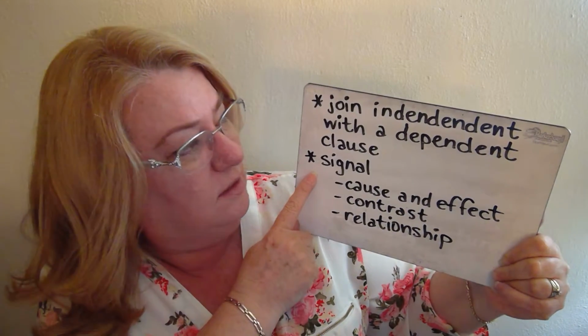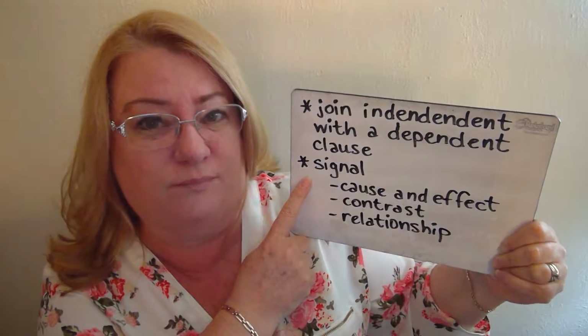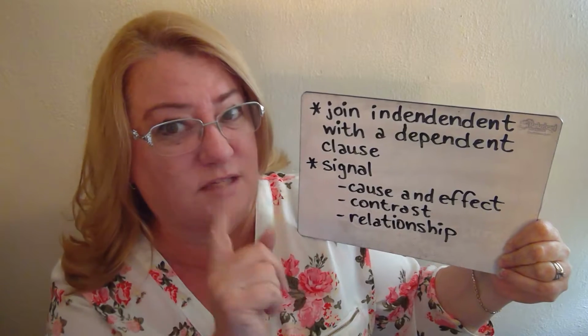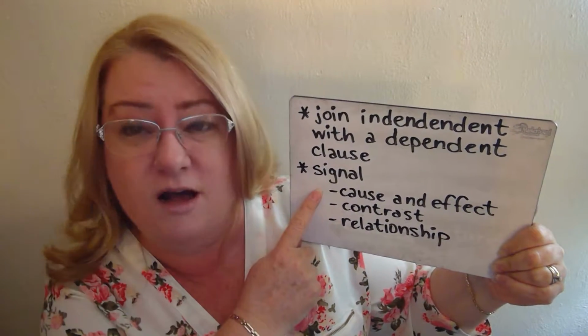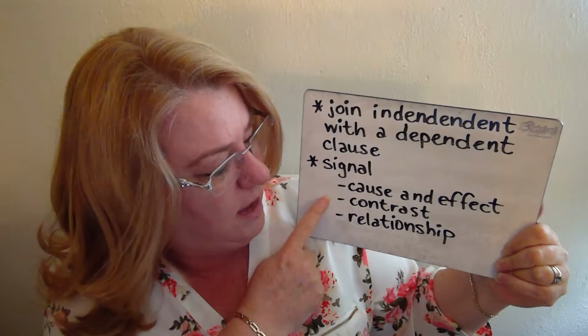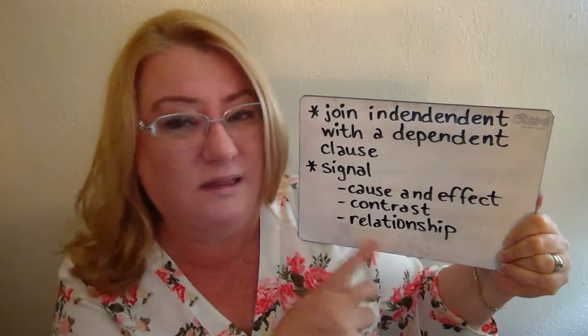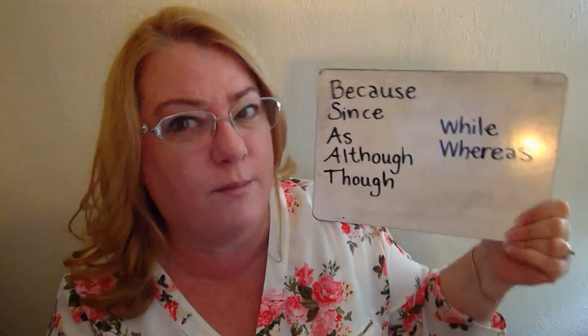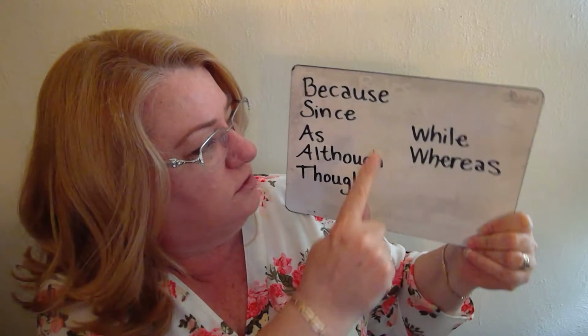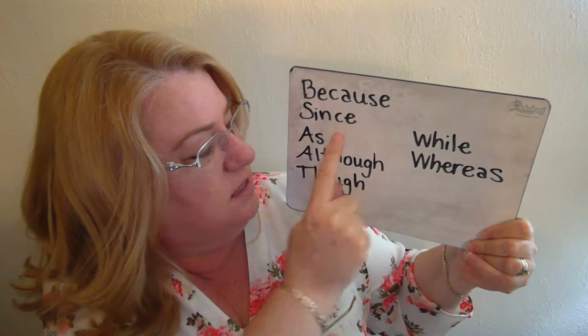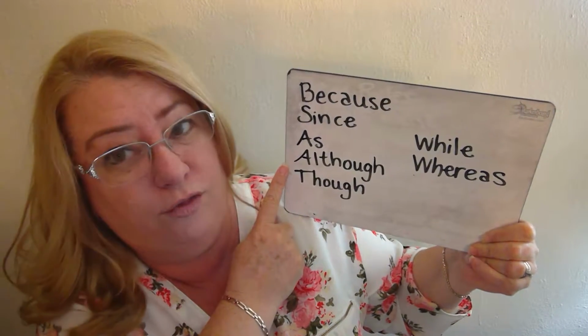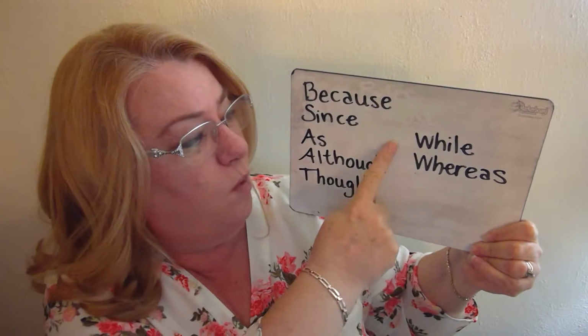Now, a subordinate conjunction can signal these kinds of relationships: a cause and effect, a contrast between the two clauses, or a time relationship between the two clauses. Now, I want to share with you the most common subordinate conjunctions: because, since, as, although, though, while, whereas.